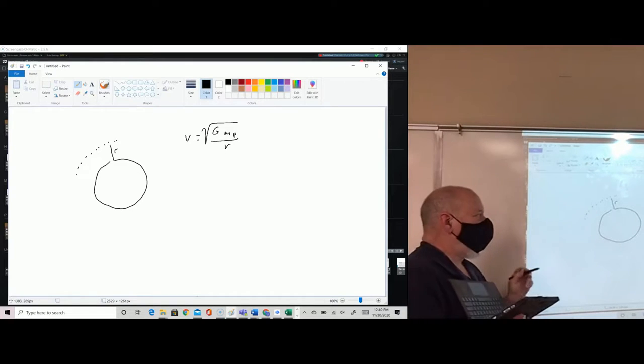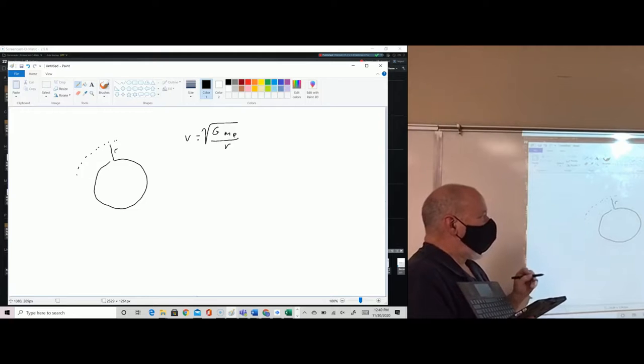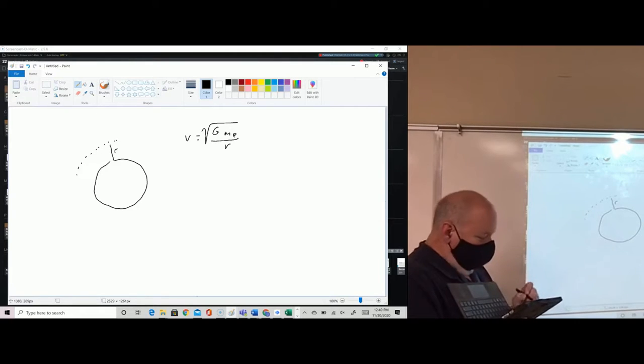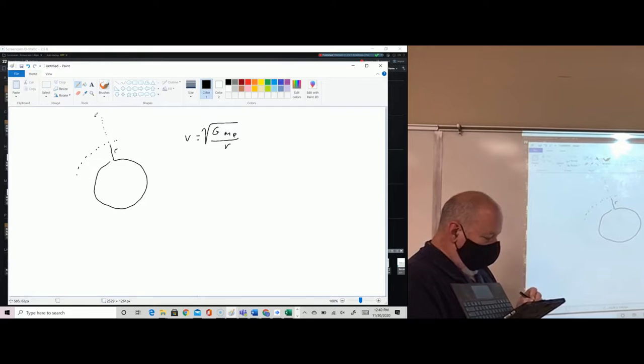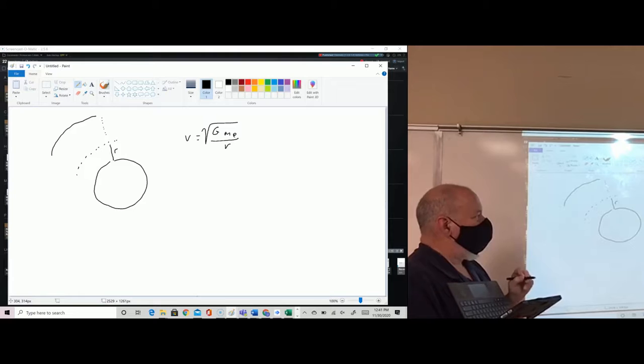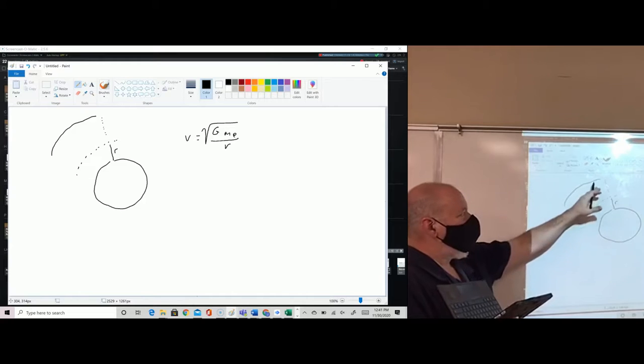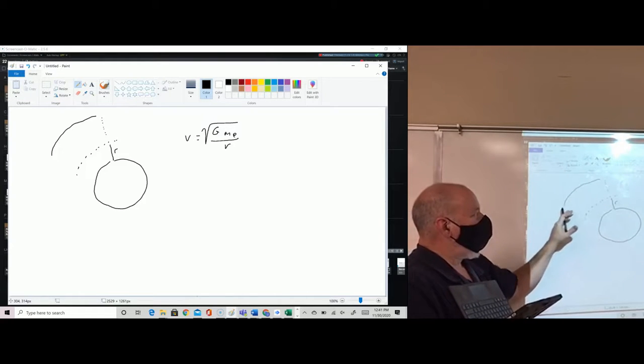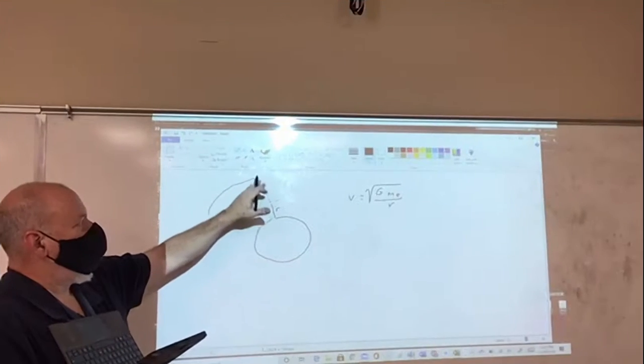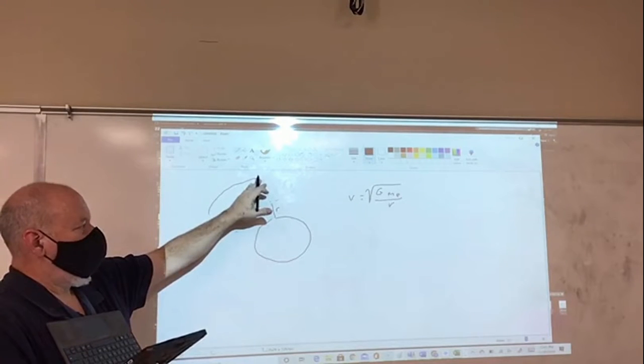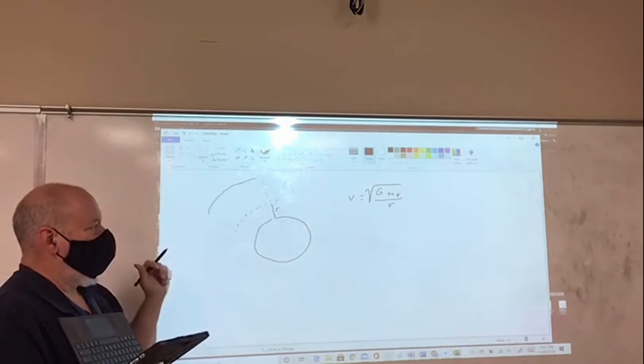What should make sense here is that the further away I get from the Earth, the less the gravitational pull, so the velocity required to keep me in orbit as I go further and further away is going to get less and less, right?